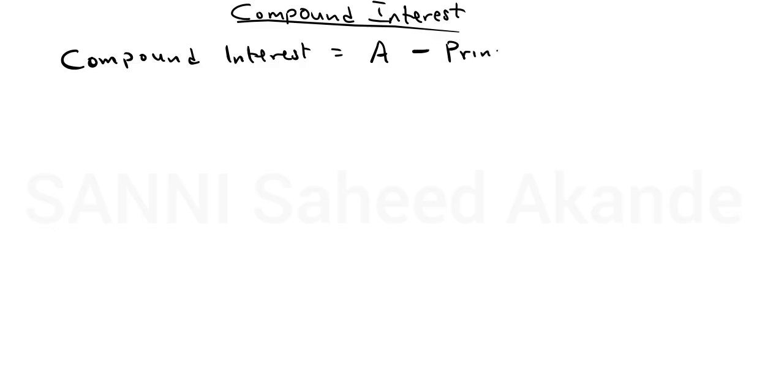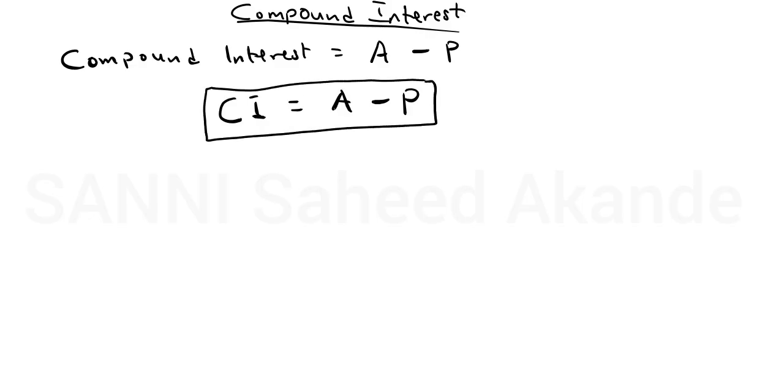Let me shorten it as just P. So this is the formula for compound interest, or you can shorten it as CI is equal to A minus P. Take note of this formula, we are going to be using it. Where CI stands for compound interest, A is the amount and P is the principal amount.